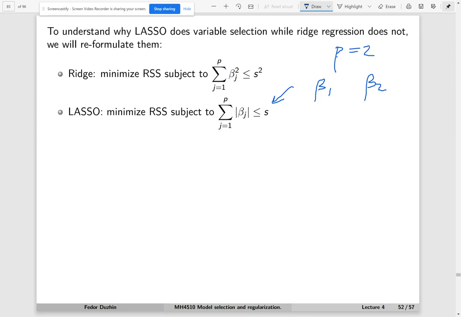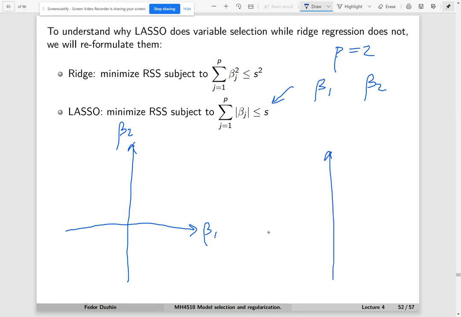The dimension 2 is needed just so that I'm able to plot everything. So I'm going to introduce coordinate axes beta 1 and beta 2, and draw 2 copies: this is going to be ridge, and this is going to be lasso regression.